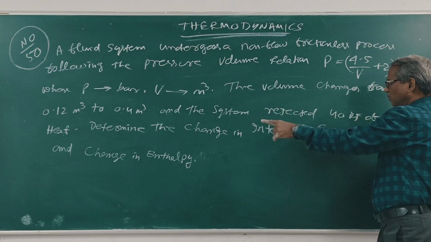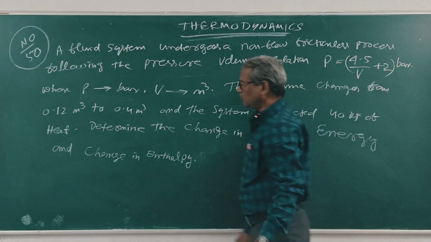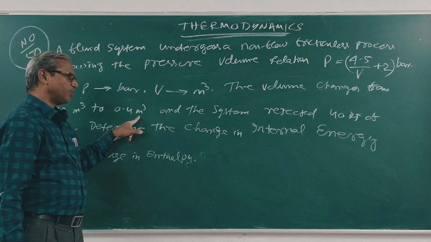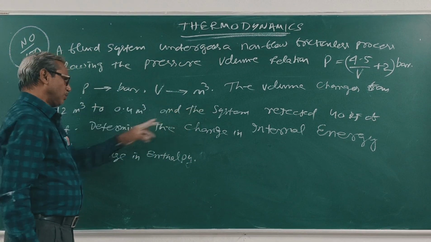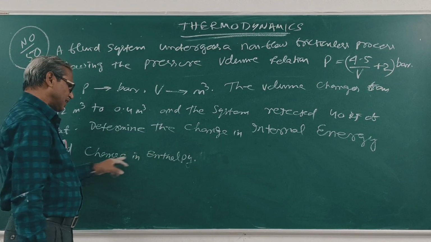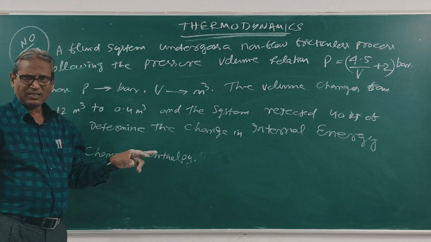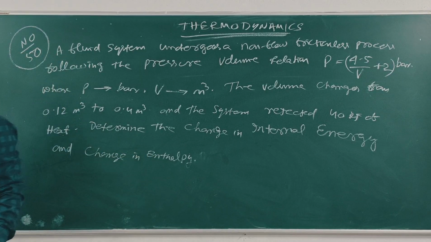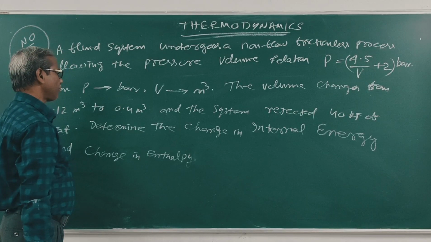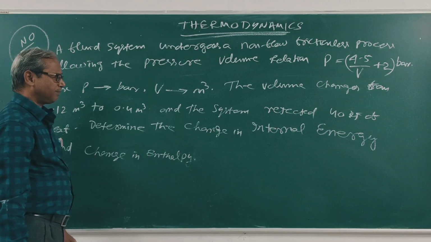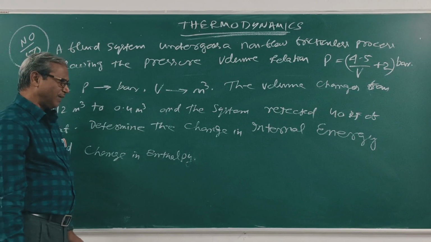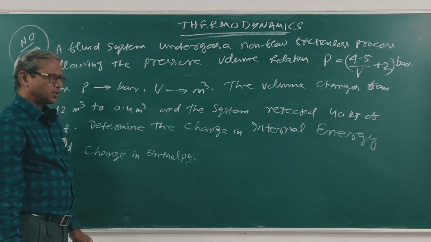The volume changes from 0.1 meter cube to 0.4 meter cube, and the system rejects 40 kilojoule of heat. Determine the change in internal energy and change in enthalpy. First write the given data, then apply the law of conservation of energy.